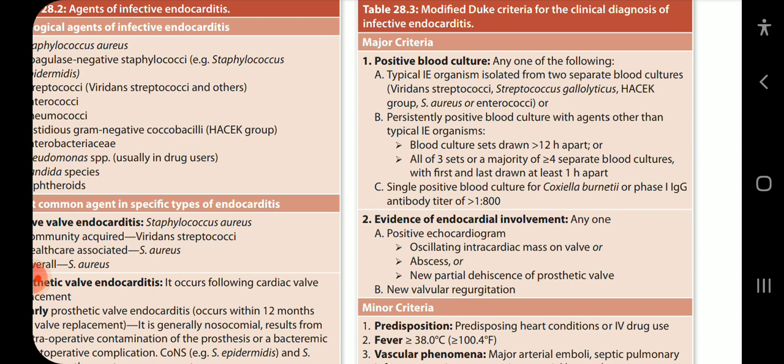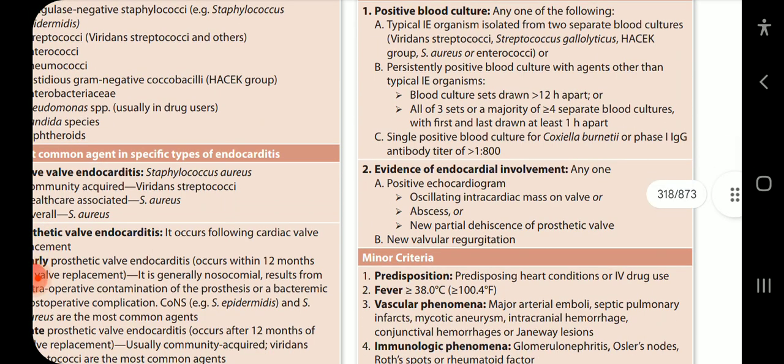Persistently positive means blood culture sets drawn more than 12 hours apart, or all of 3 sets or a majority of 4 or more separate blood cultures with the first and last drawn at least 1 hour apart. Other than this, a single positive blood culture for Coxiella burnetii or phase I IgG antibody titer of more than 1:800 is a positive blood culture major criterion.